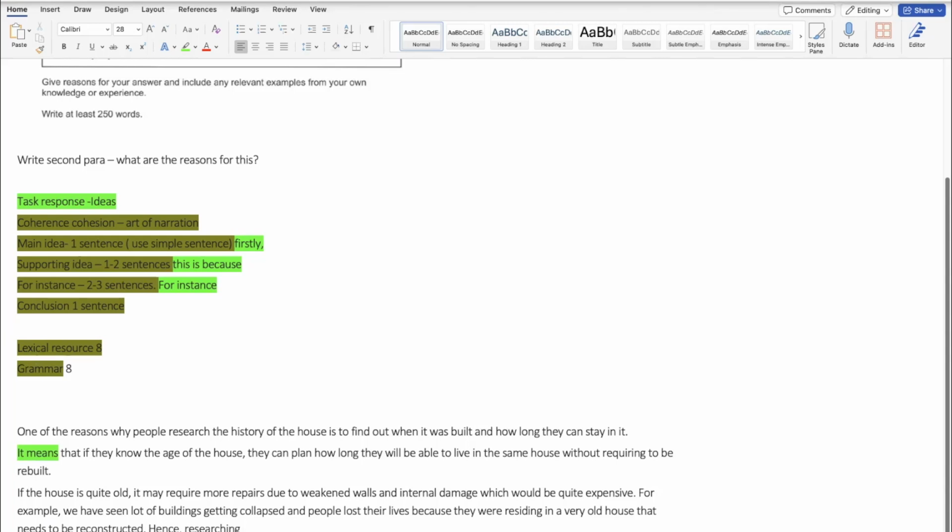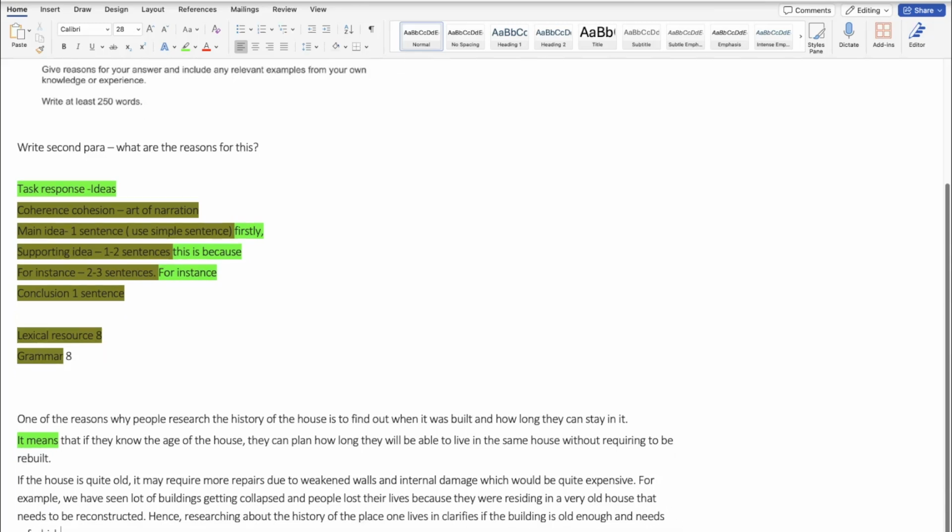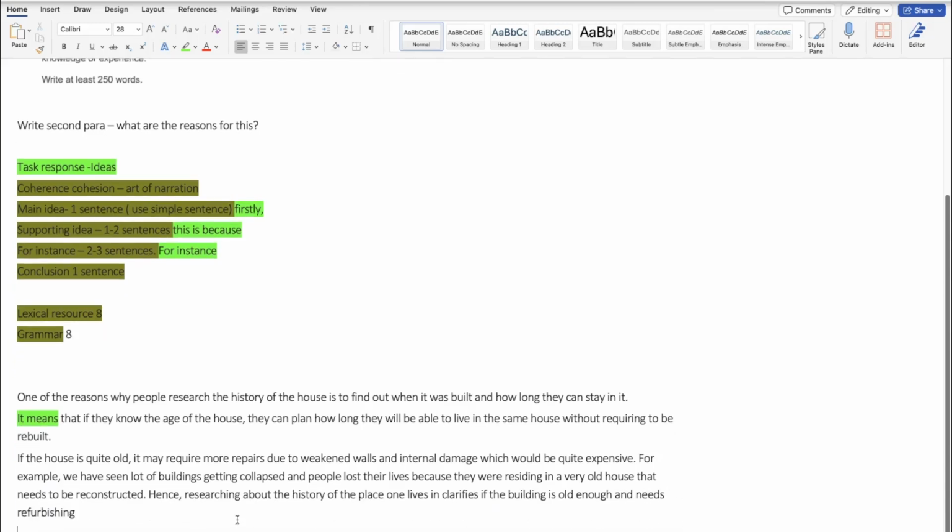Give a conclusion. Good one, Abhindu. It's a very simple, plain one, very nicely written. This is enough. Simple sentences, more than enough. Written in a very simple way, perfectly enough.